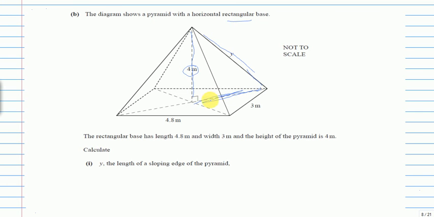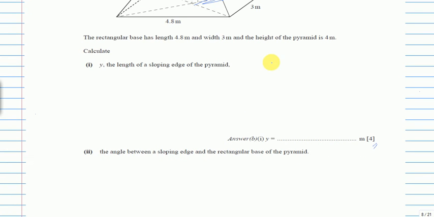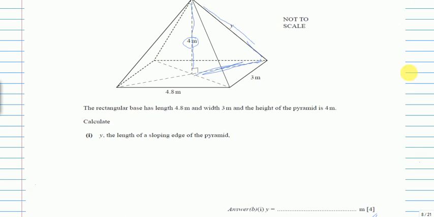Now for this side, if we see this rectangular base from the top, it will look like something like this. These dotted lines, and this was 3 and this was 4.8, right? And this side is what we were looking for.